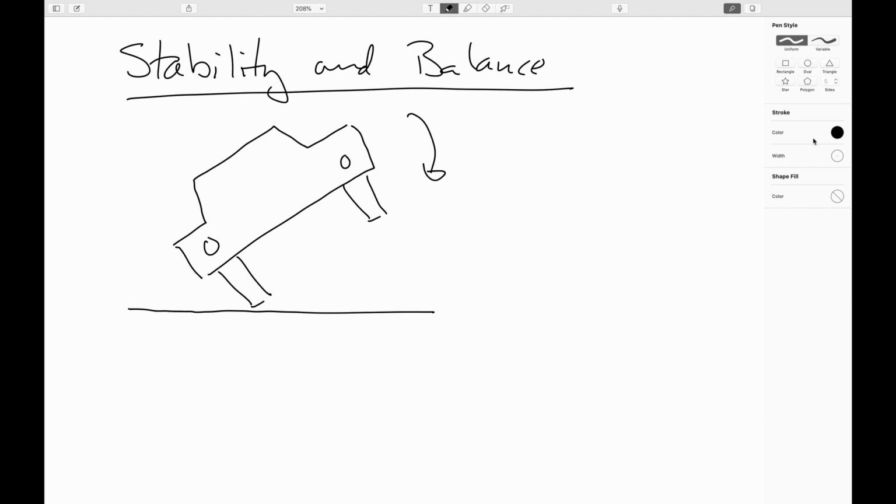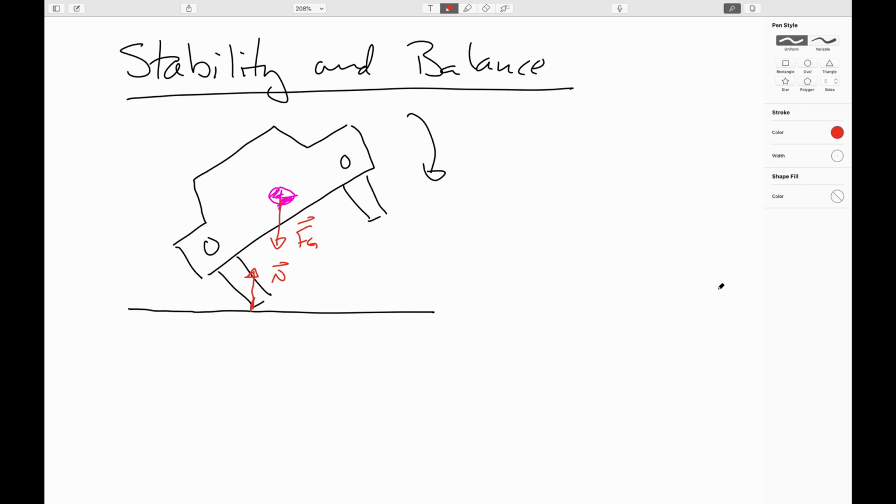Well, we can just use the car right here and draw an extended free body diagram on top of it. So let's say the center of gravity is located here. Well, then we would have a force of gravity acting right here. And then here at the contact point of the tire, we'll have a normal force acting up, and those are our only two forces.